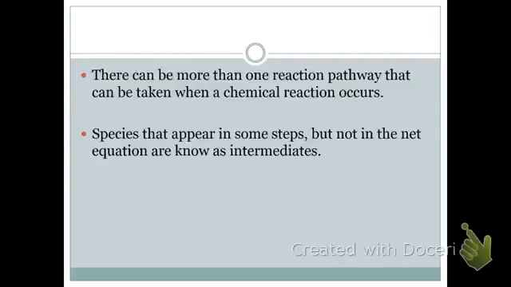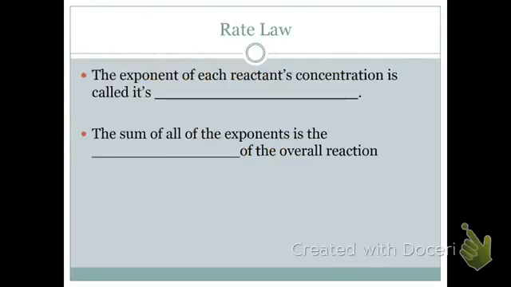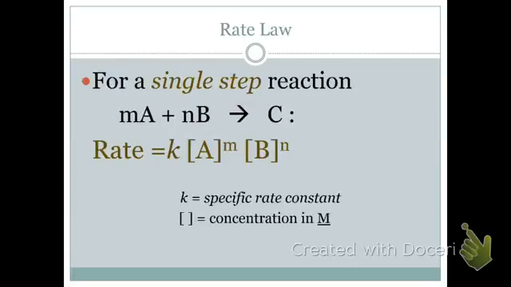Okay? So let's talk about single step reactions. That means the reaction mechanism is just the one step. So for this particular equation, the rate would be the reactants raised to their coefficients. So these are the coefficients in the balanced equation.